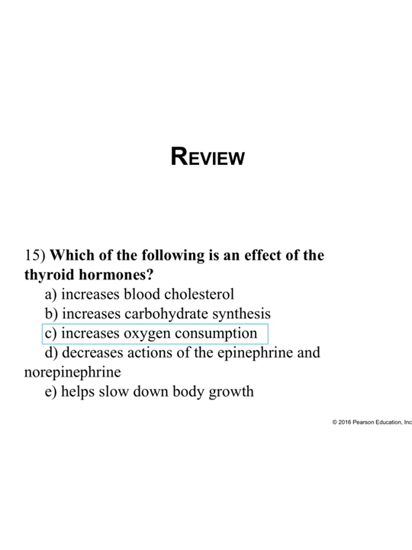Okay, which of the following is an effect of the thyroid hormone? It has nothing to do with blood cholesterol, so that would be incorrect. Has nothing to do with the production of carbohydrate. Skipping C for right now. It has nothing to do with epinephrine and norepinephrine. That's the adrenal medulla. Body growth is primarily growth hormone.